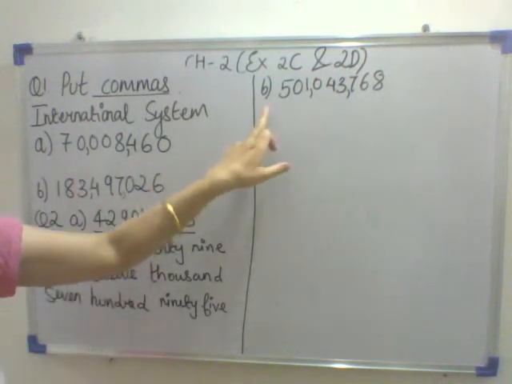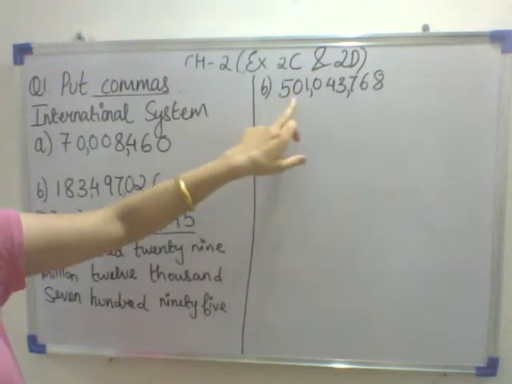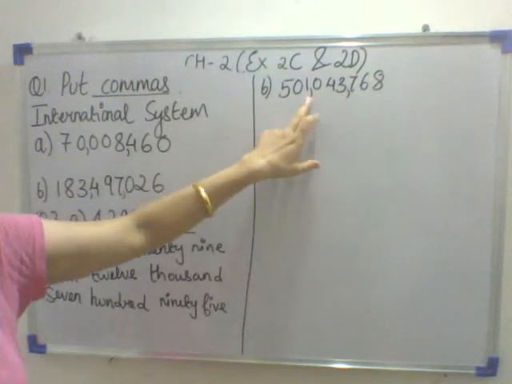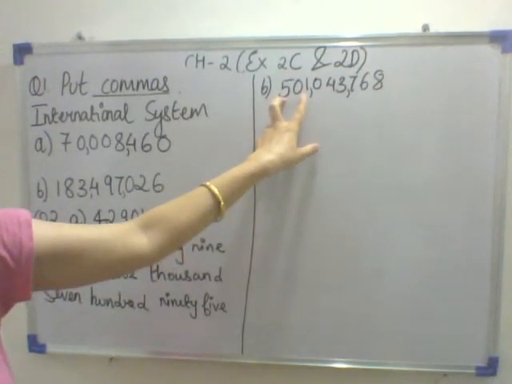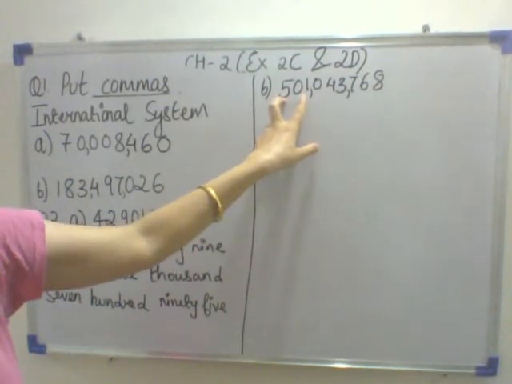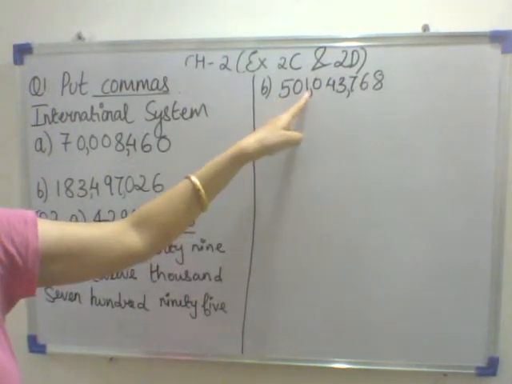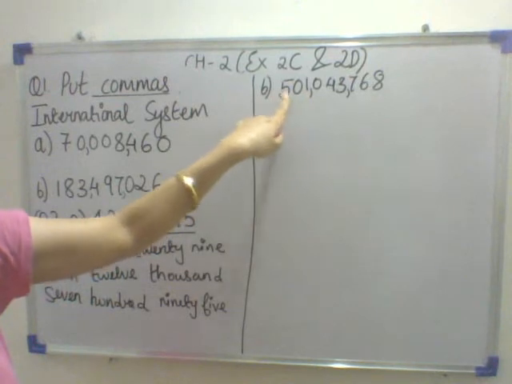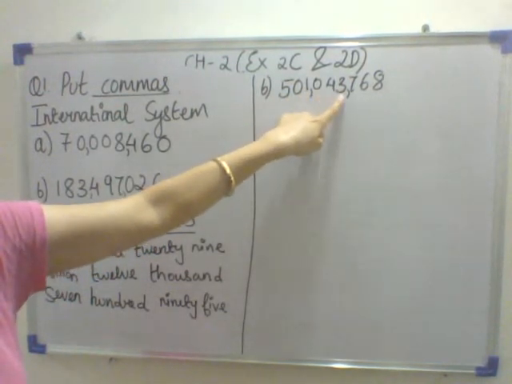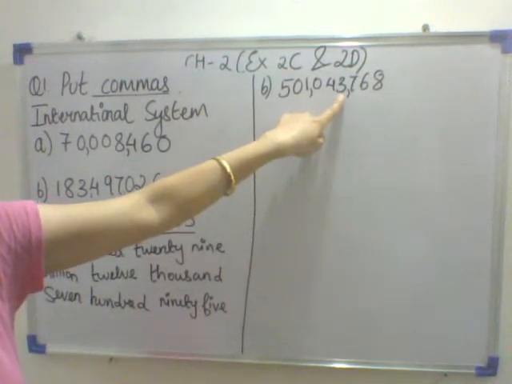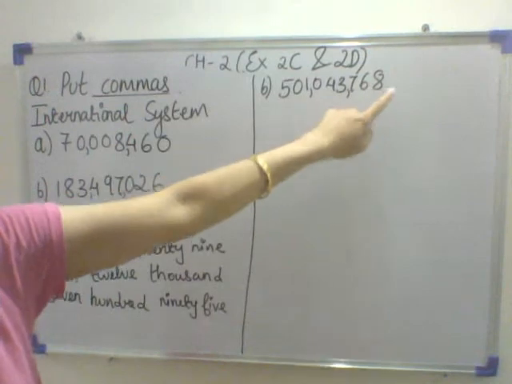The next, B, I have written here the number. Again you have to write this in the international system. I have put the commas after every 3 digits. So first look at this 3 digits. So how will you write it? It is 501 million, 43,768.